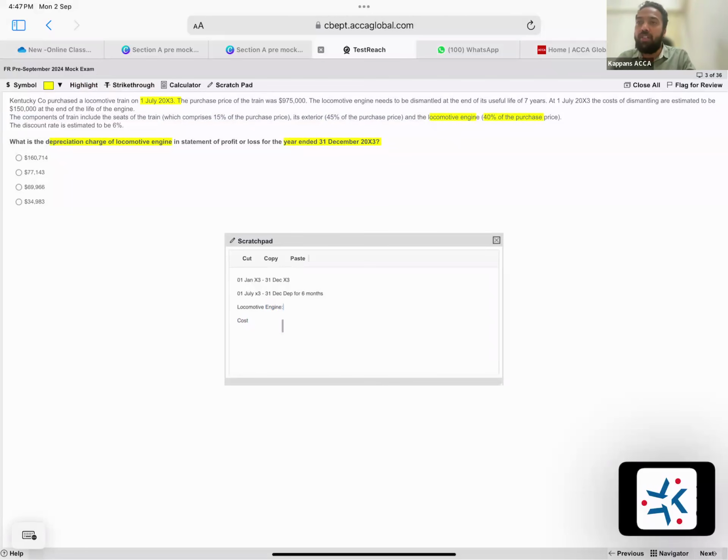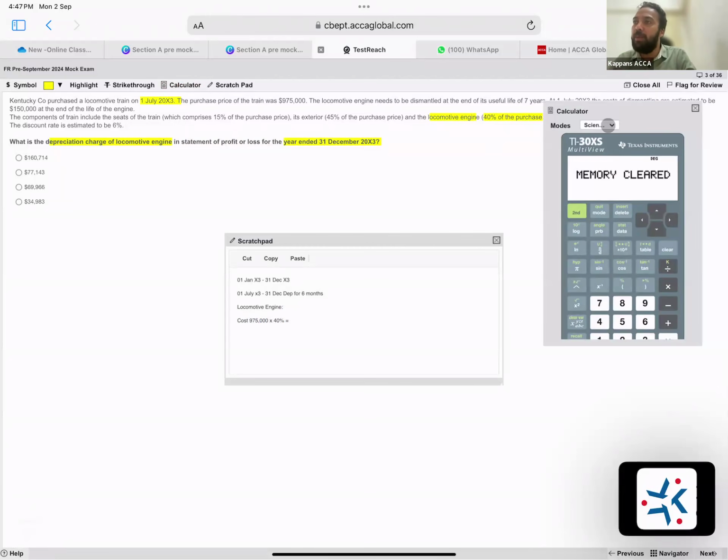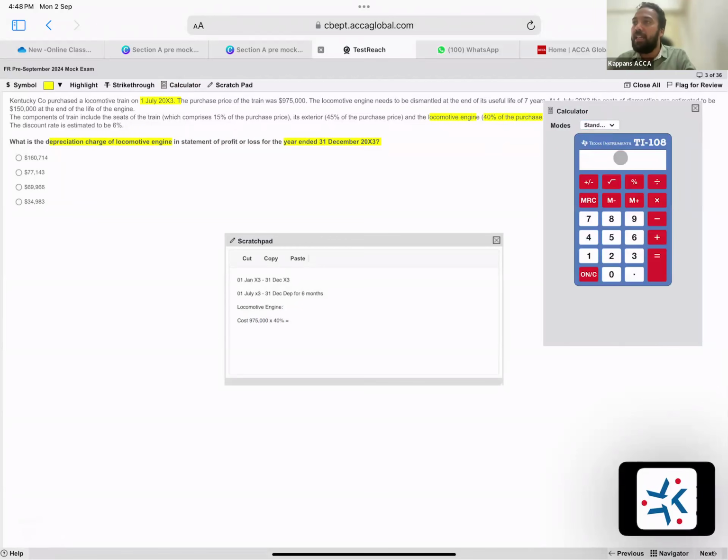Engine cost: 975,000 is the total cost of the entire train. Out of that, the question has given the locomotive engine is equal to 40% of the purchase price. So 975,000 into 40%. You can use the calculator which is given here. It will be a scientific calculator. If you just click the mode, you can make it standard and use your keypads.